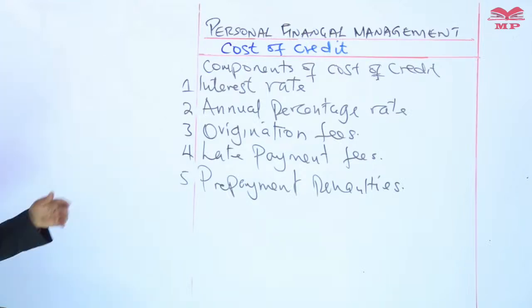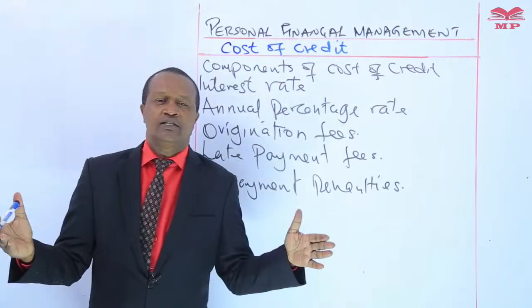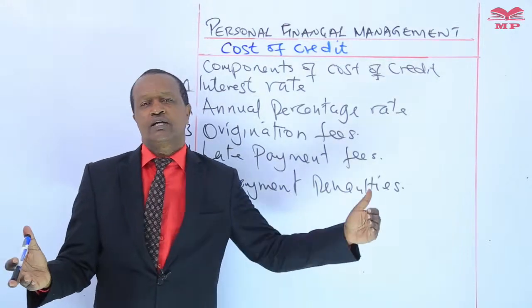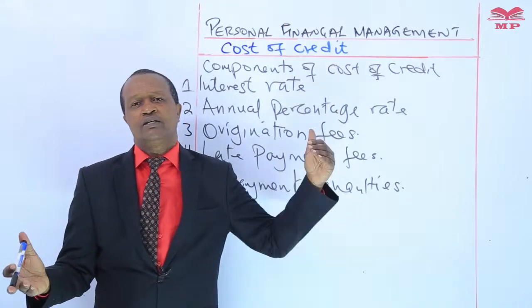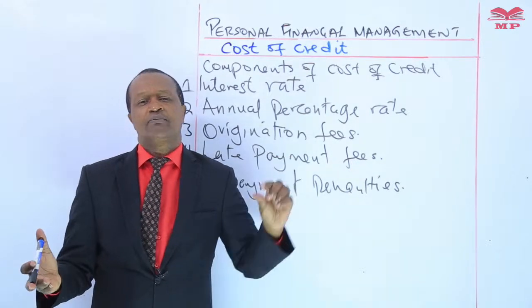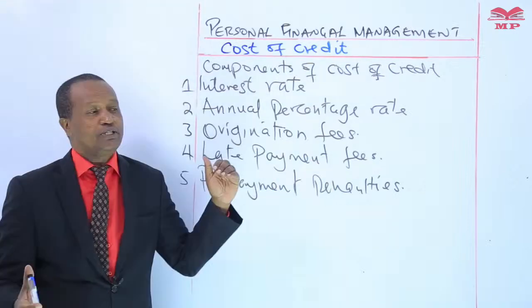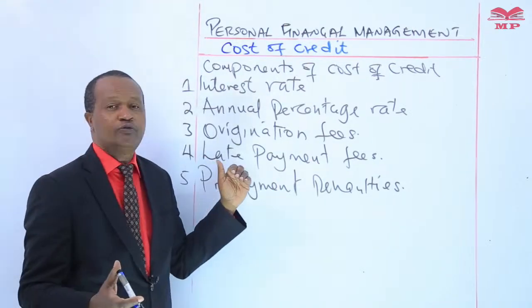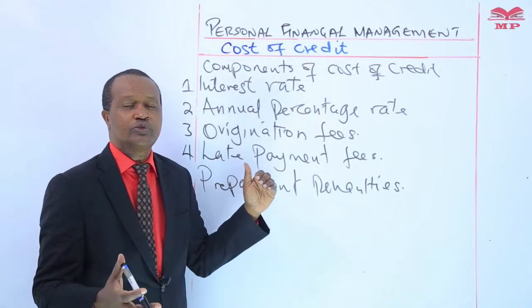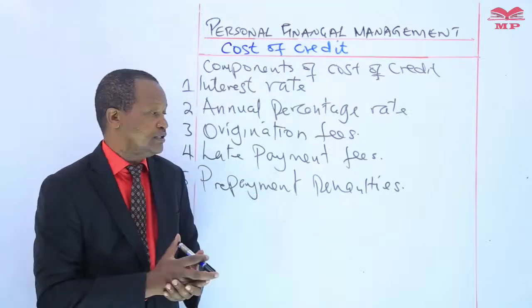Prepayment penalties. If you agree that the loan term will be, say, 5 years, and you wish to pay in 4 years, that means you've reduced the amount that you ought to pay ultimately.